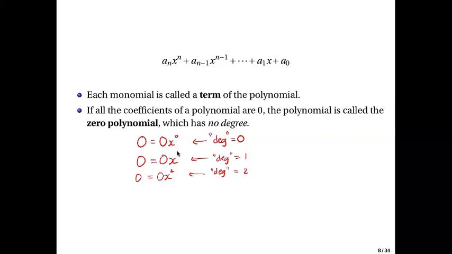And so on and so forth. I can multiply this 0 to x raised to some integer, and the degree of that expression, quote unquote, will be the exponent. So the question is, what is the degree of 0? You cannot know. And therefore, we just define the zero polynomial to have no degree. So it is only the zero polynomial that has no degree.